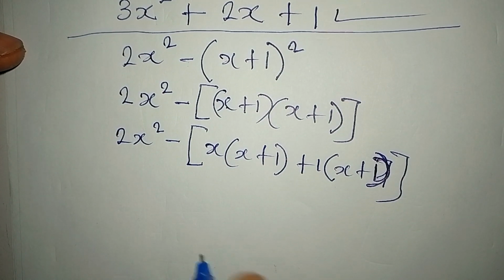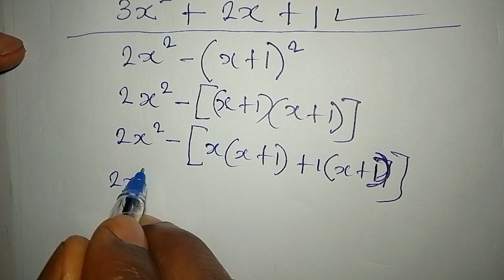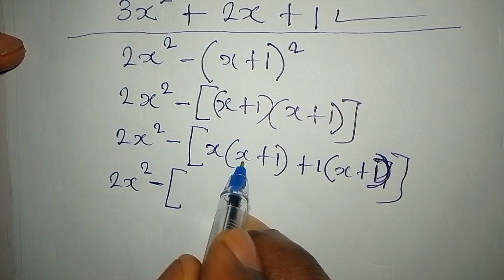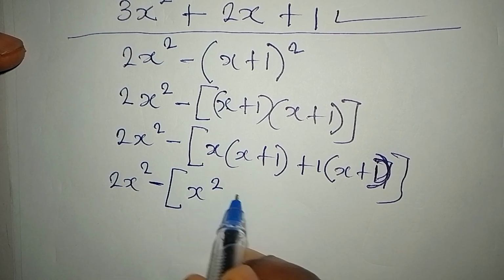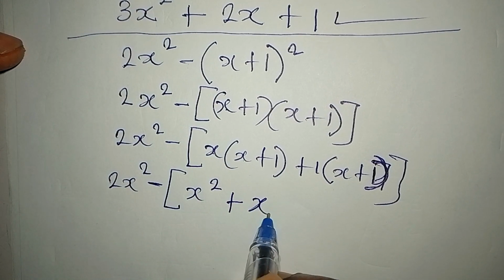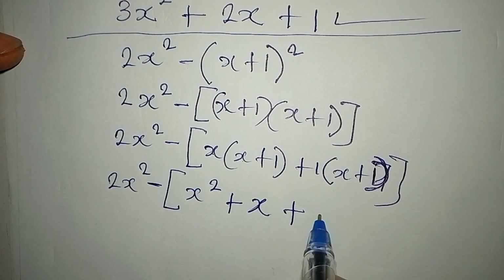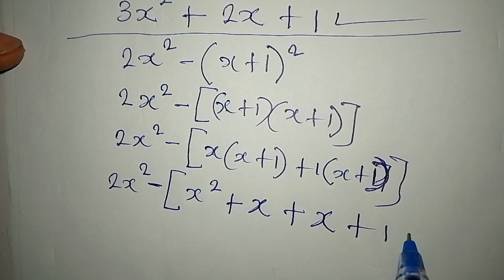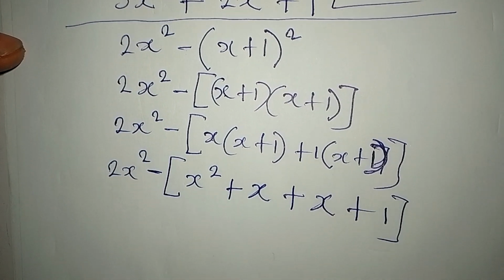Okay, this is my 1. Now what can I do? This 2x squared minus, open bracket, x times x will be x squared in the bracket, plus this times this will be what? 1x, then plus 1 times x, another x, then plus 1 times 1, which is 1, then we close this.